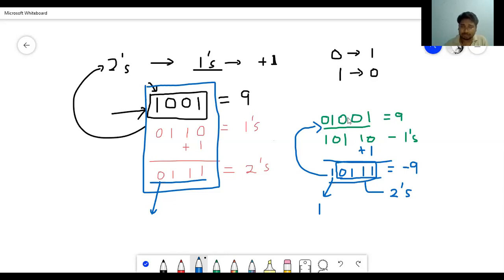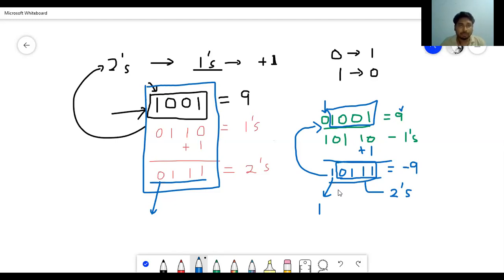And from this main number, that is the source number, if we consider this the sign bit, the remaining values are the magnitude of the number. See, the magnitude number is 9. So when it is converted into 2's complement form, we should not discuss the magnitude of the number. 2's complement form says that when we are going to represent a negative of that number, we have to do the 2's complement form.